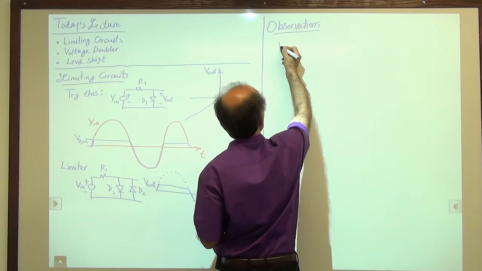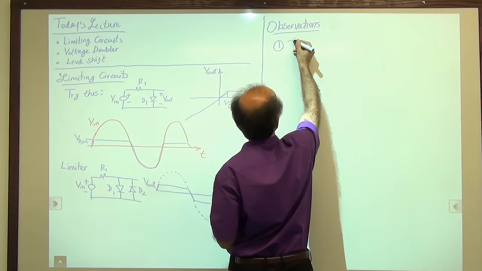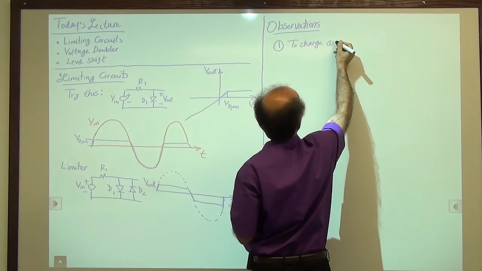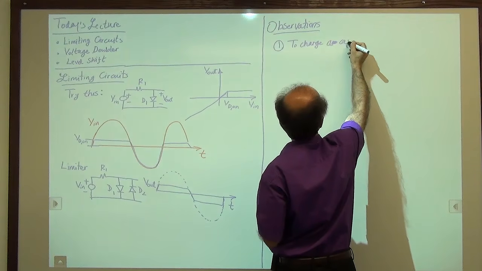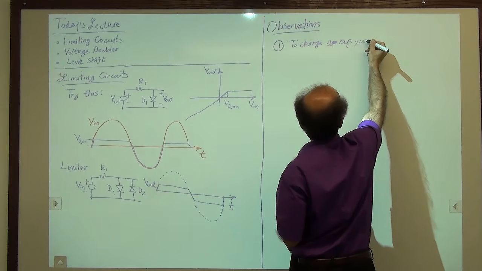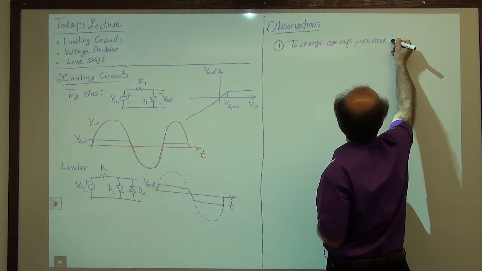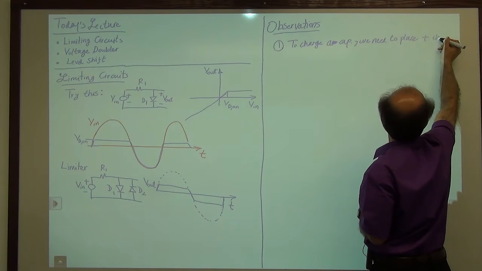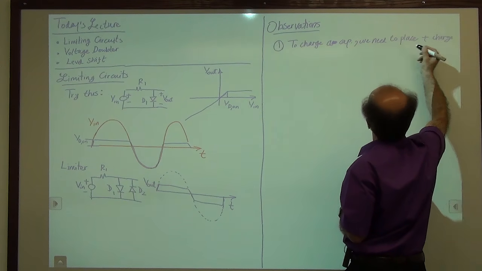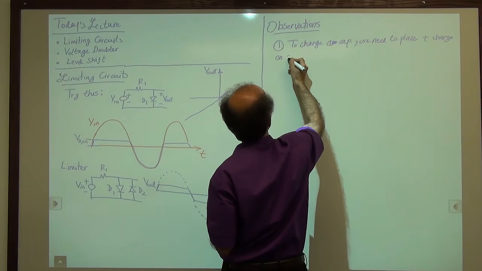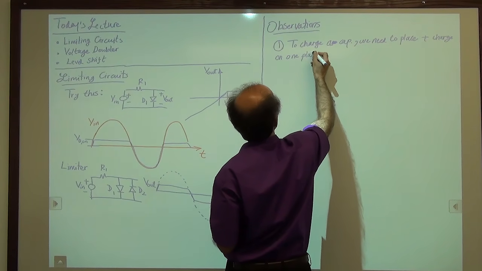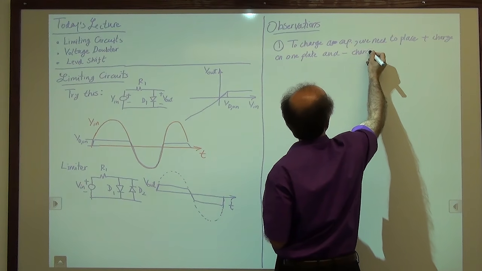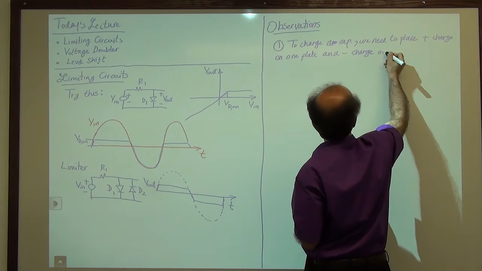Well, in the first observation, we know that to charge a capacitor, we need to place positive charge on one plate and negative charge on the other plate.